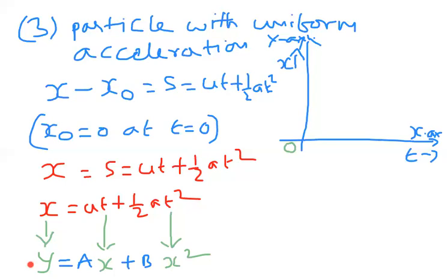This is the equation of a parabola with increasing slope. Before the square term, the positive sign is there, which indicates a parabola with increasing slope. So what is our conclusion here? Parabola with increasing slope.